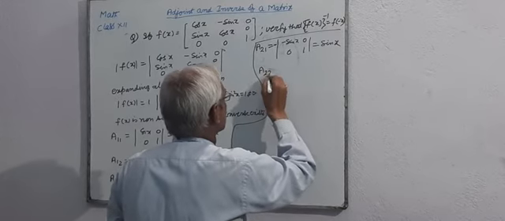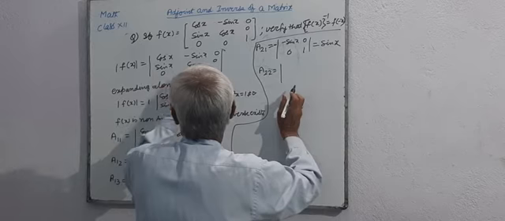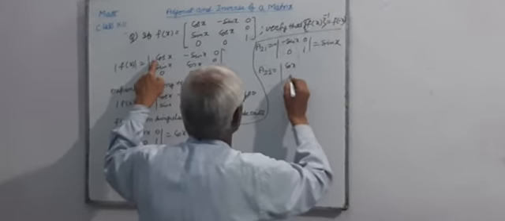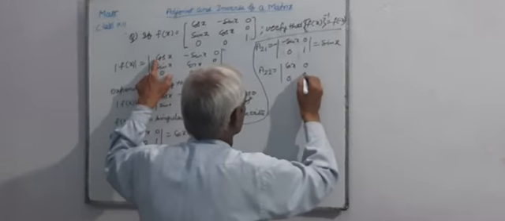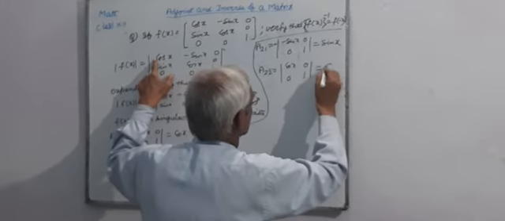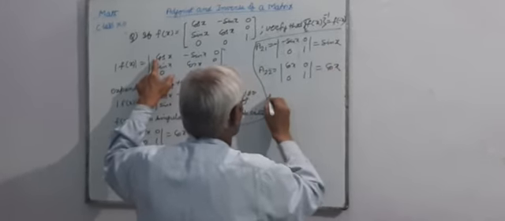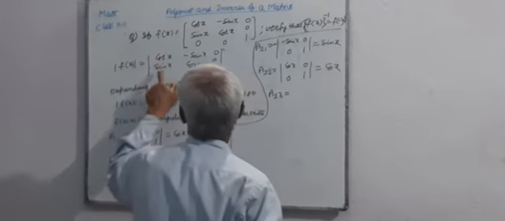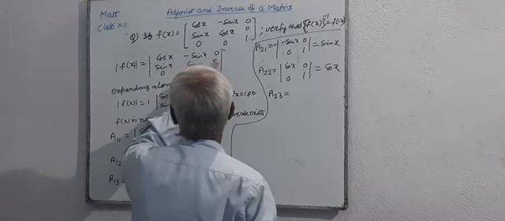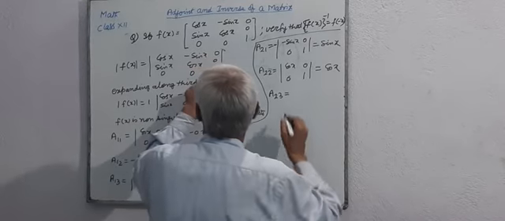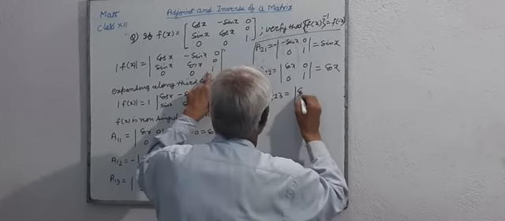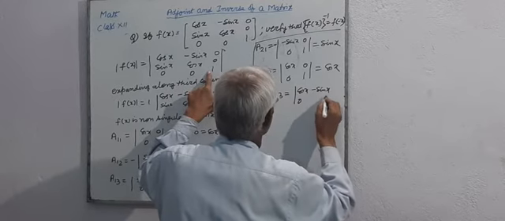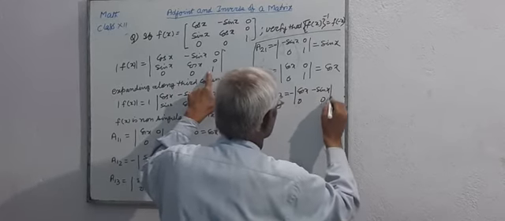A22 equal to cos x, 0; 0, 1, equal to cos x. A23 equal to cos x, sin x; 0, 0 equal to 0.